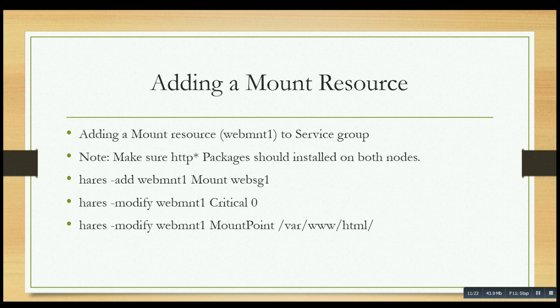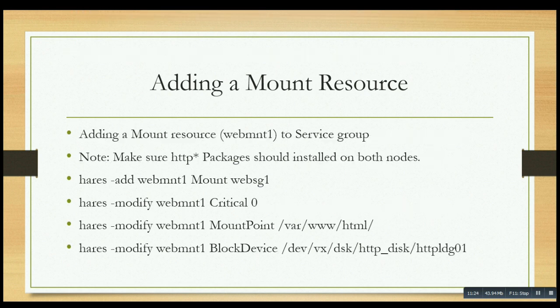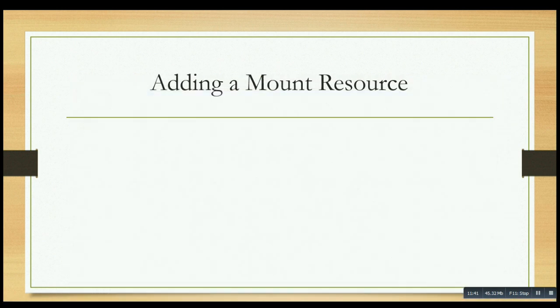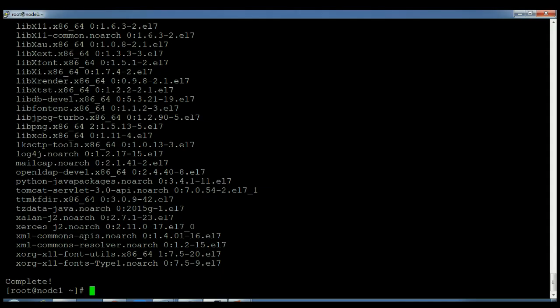Now this is my node 2, control Z this. Okay, we come back to node 1. So now we require our mount point, right? For the mount point, we have to run these commands. Again, we have these commands.